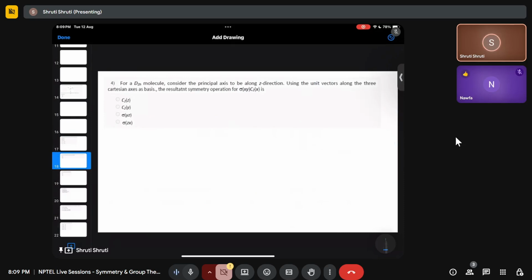Okay, coming to the next question. For a D2h molecule, consider the principal axis to be along the z direction. Using the unit vectors along the three Cartesian axes as basis, the resultant symmetry operation. Okay, D2h molecule. Which molecule is D2h?